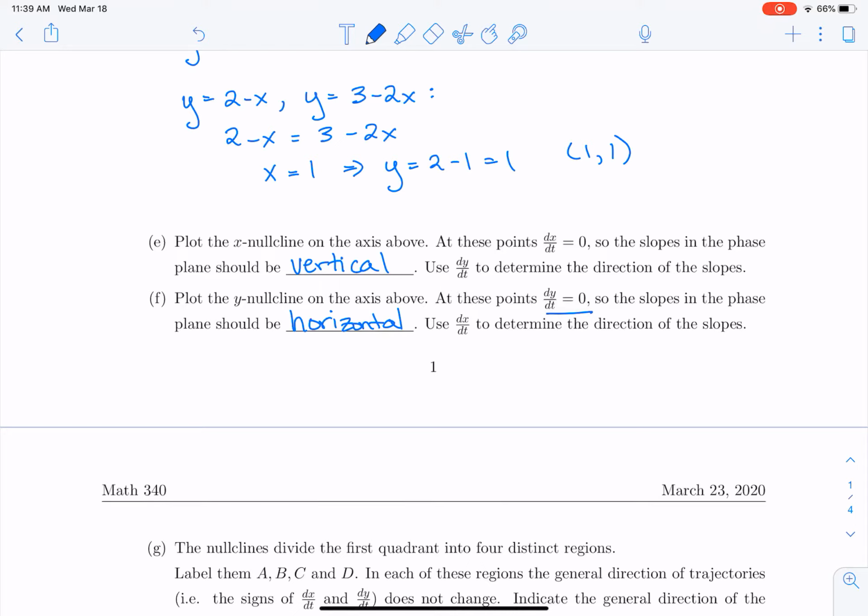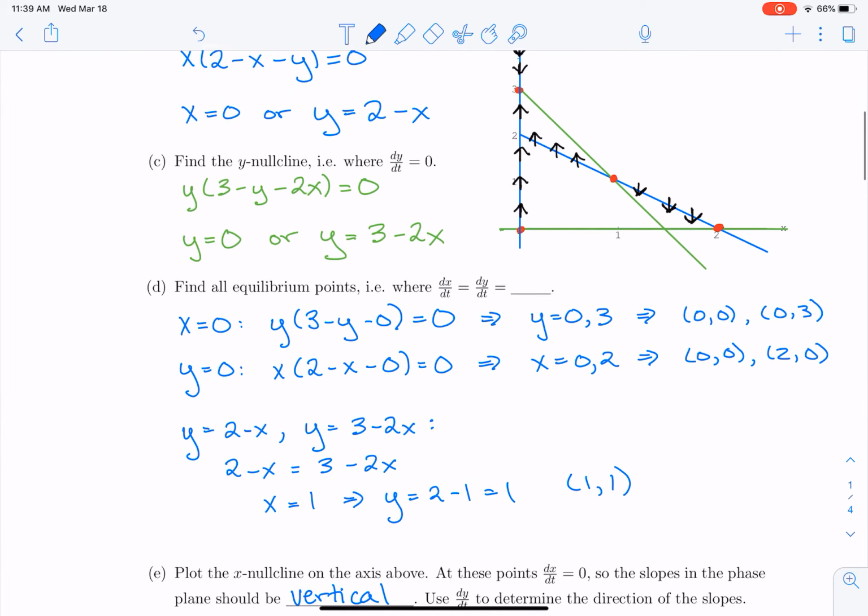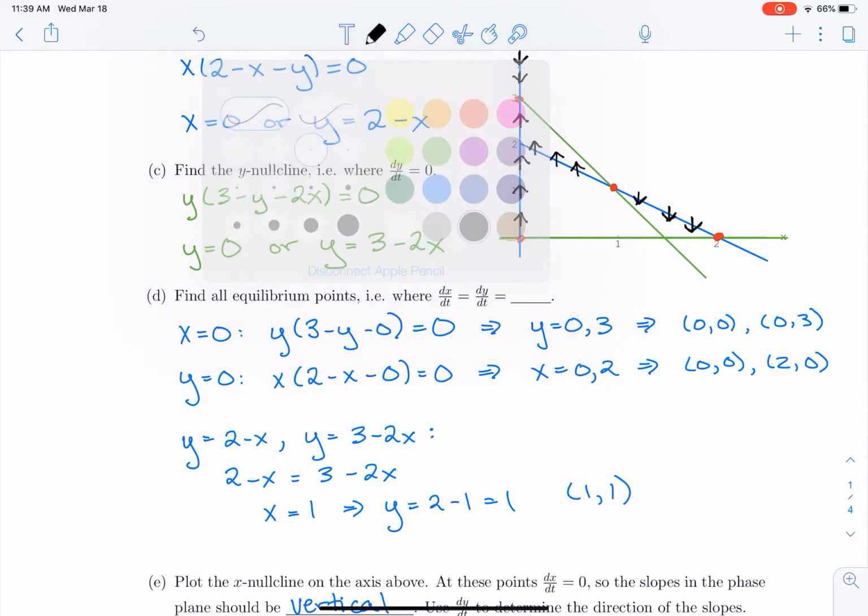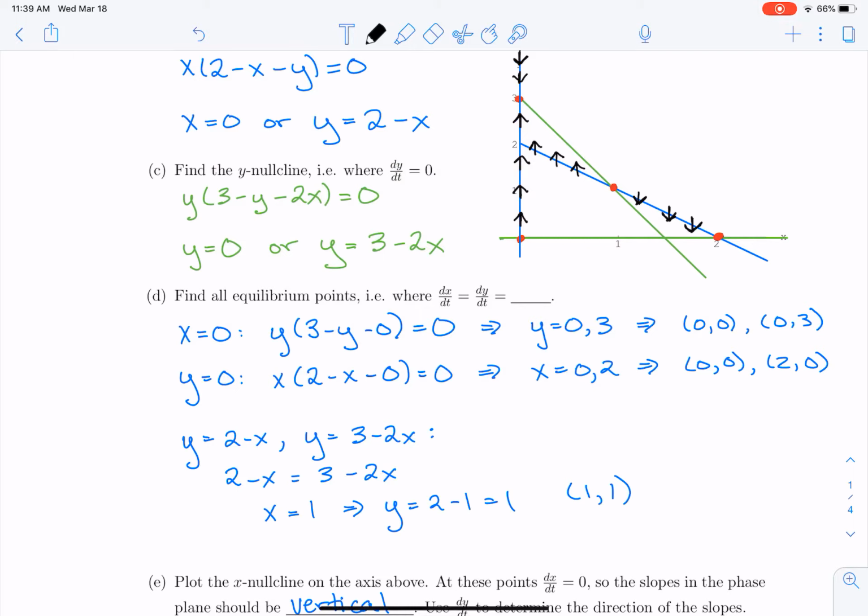And we want to use the same technique to determine whether those horizontal slopes are pointing to the left or the right. So first, I'll notice that along this green y nullcline, all of my slopes are going to be horizontal. And then along this green nullcline, all of my slopes are going to be horizontal.